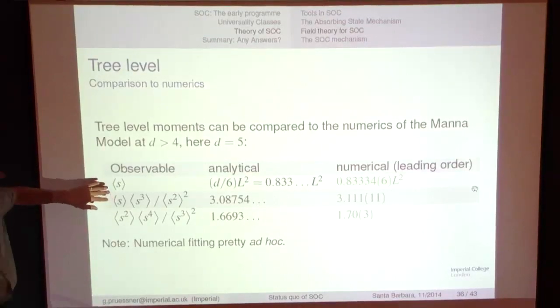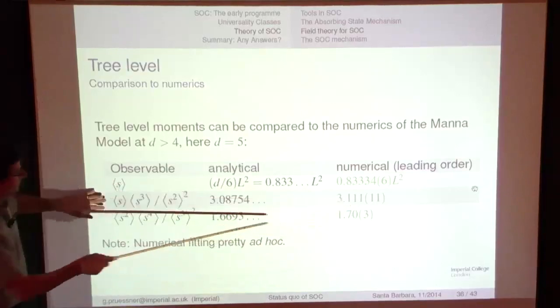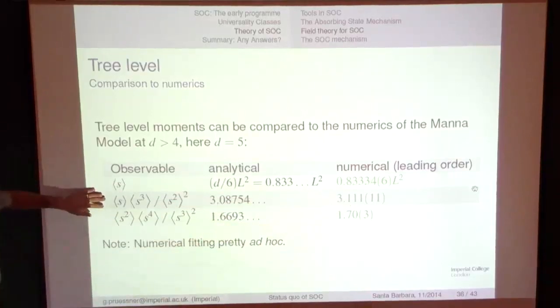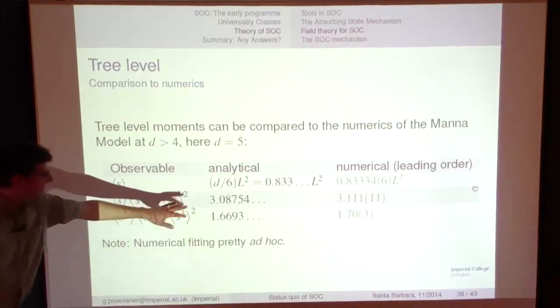So numerically, the correspondence is not perfect, right? There's a bit of an error, but I'm quite confident that I got that one right. And then for higher order amplitude ratios, it is much better.